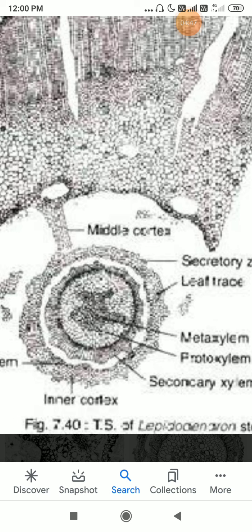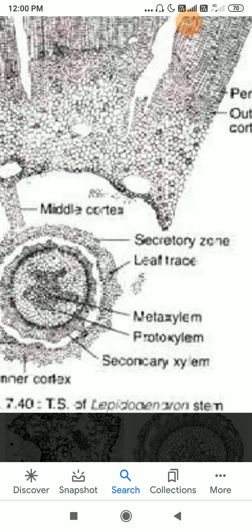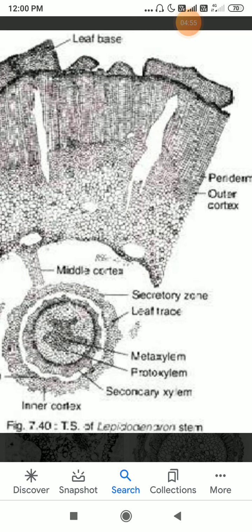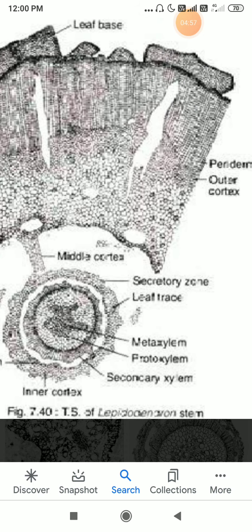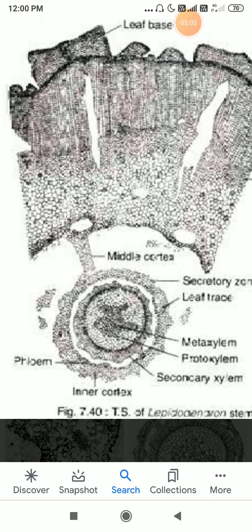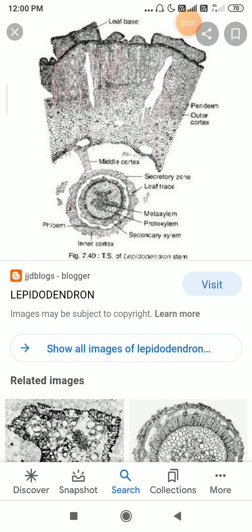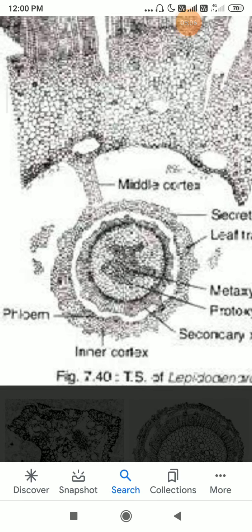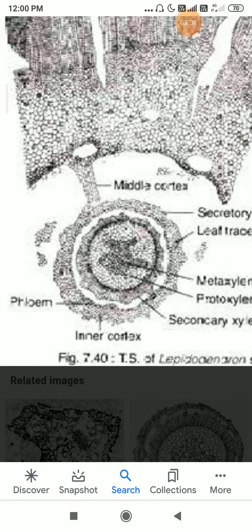You will find the metaxylem and the protoxylem region. Outside that you can find the secondary zone, the middle cortex and the outer cortex, and the leaf traces occur on the outer epidermal region. This is how the Lepidodendron stem actually looks. In both theory and practical point of view, we will study Lepidodendron.